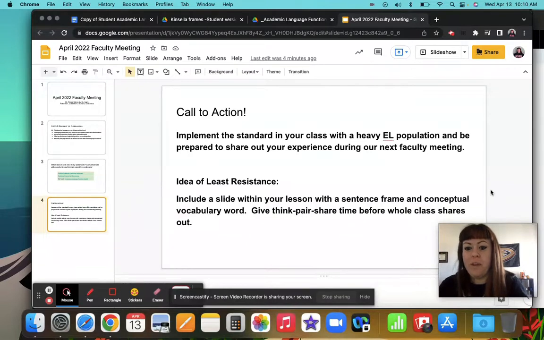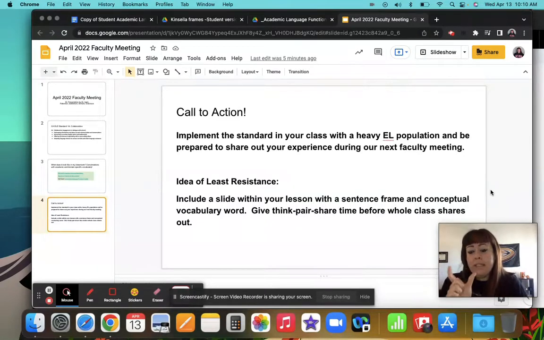So one simple thing that we could do across the board, PE, I understand that this isn't necessarily possible all the time for you, but include some kind of slide into your academic lesson with a sentence frame. So maybe peruse and notice that you need to have students report out findings in math, or they have to report out some kind of answer in science, or make a comparison in social science or world cultures.